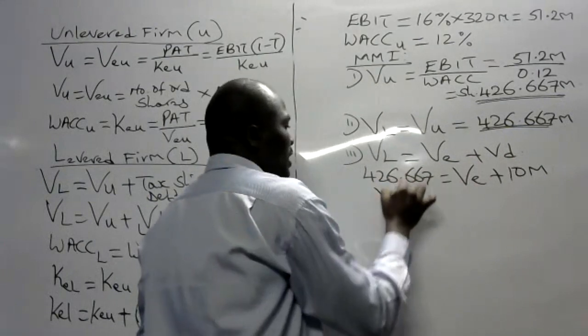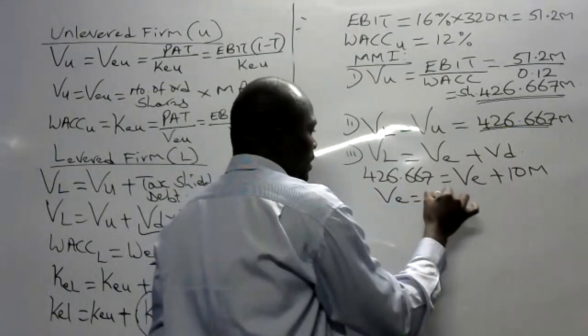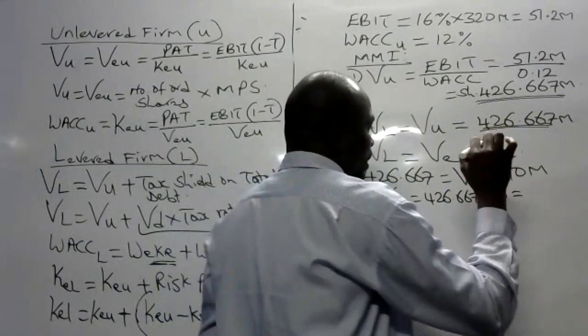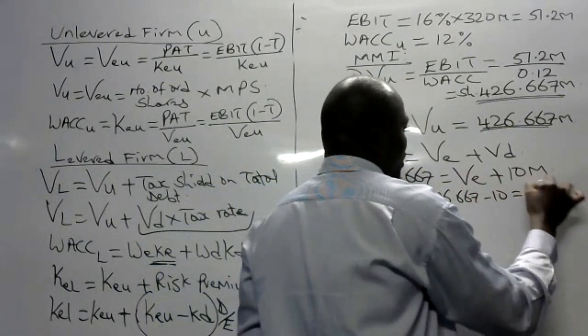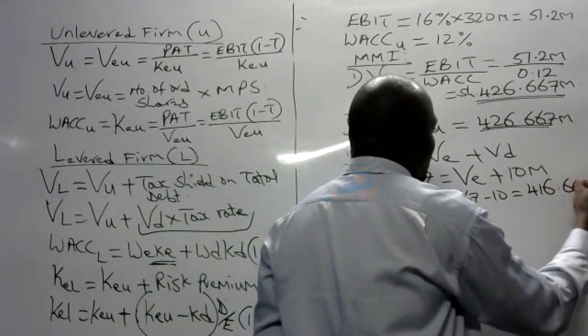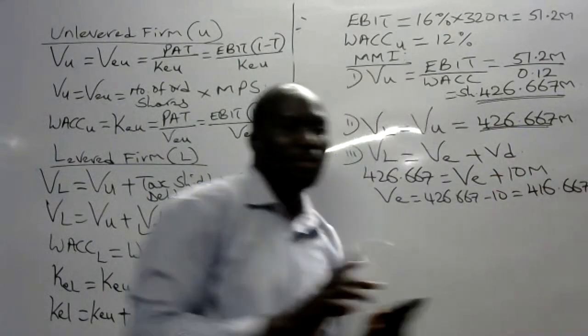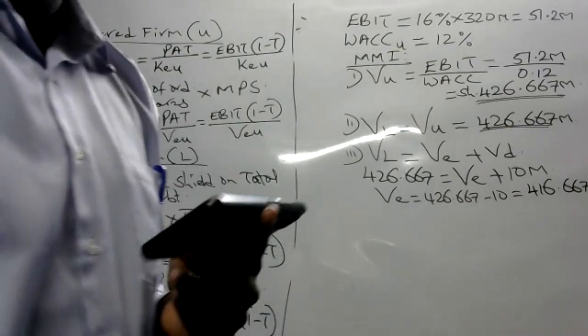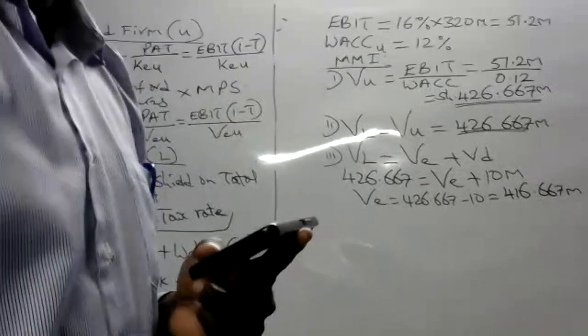So equity will be how much? 416.667. So equity will be 416.667.